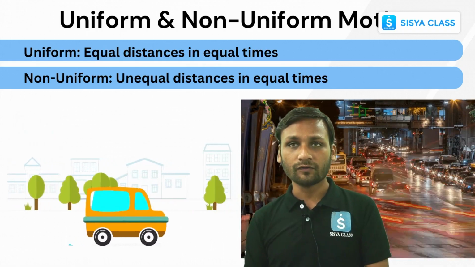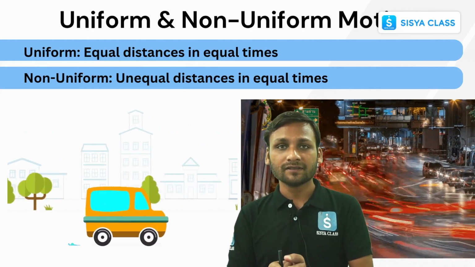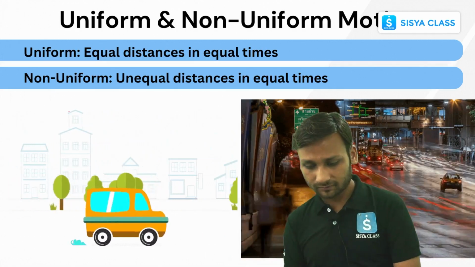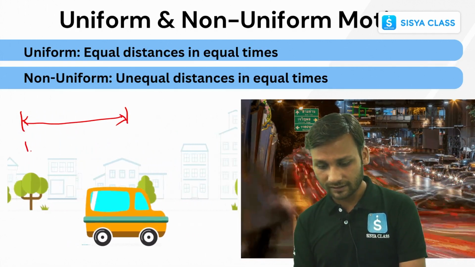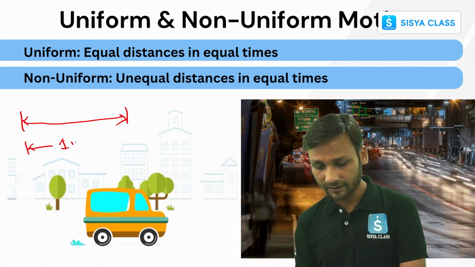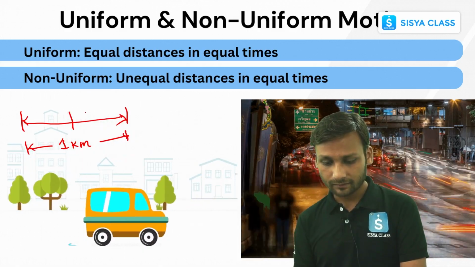Let's talk about uniform and non-uniform motion. Uniform motion means in equal times. Let me give you a good example. Let's say this is a road of 1 kilometer, and I have divided it into half and half.